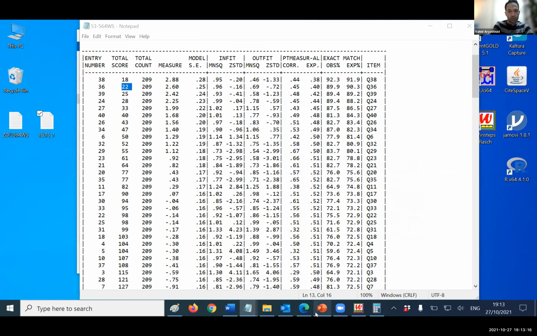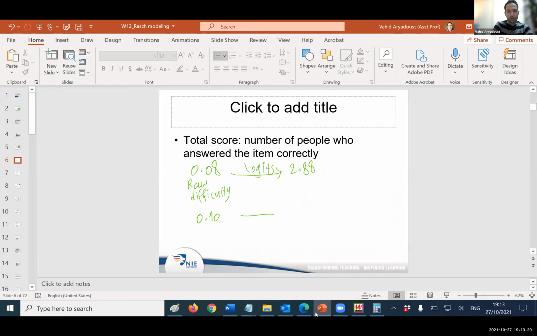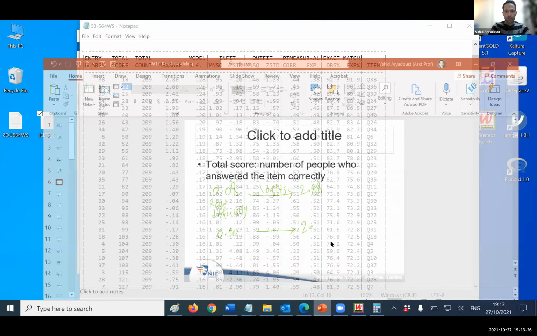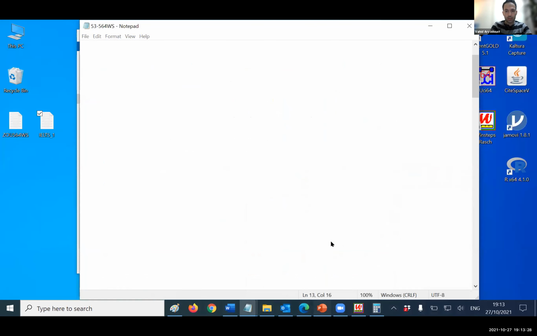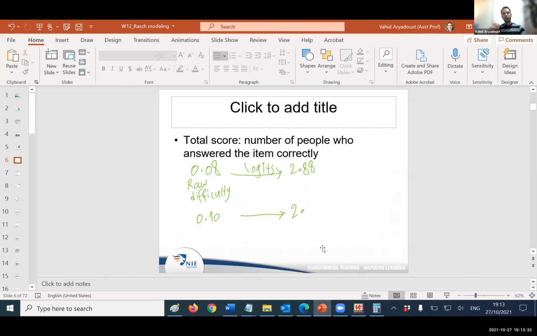So 0.10 to logits is 2.60. So every raw difficulty has a logit conversion.